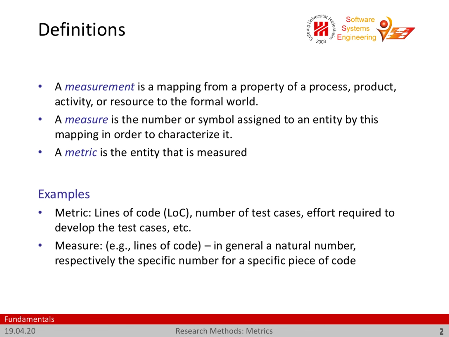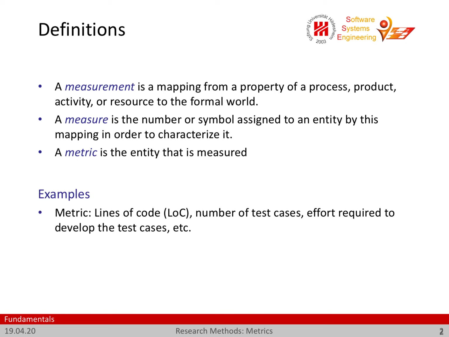Let's have some examples. So for example, a metric could be something like the lines of code metric, the number of test cases, the effort that is required to develop the test cases, etc. These are real-world objects that are quantified in some way.